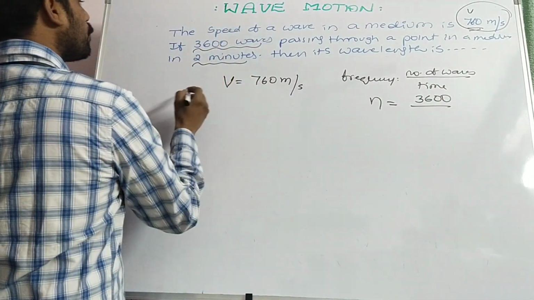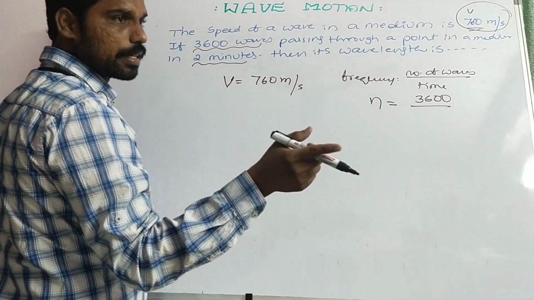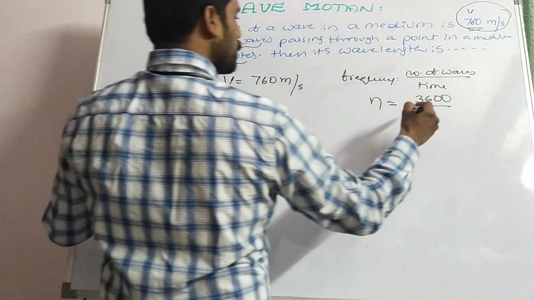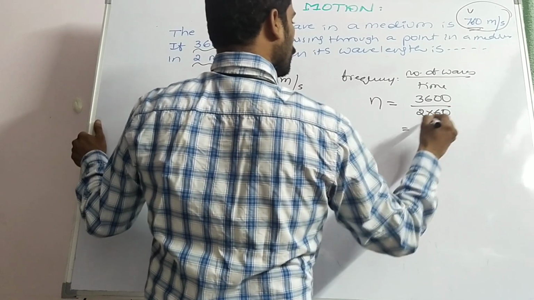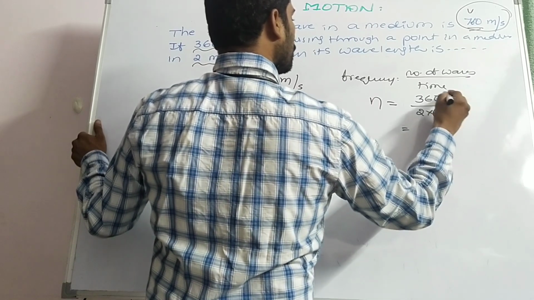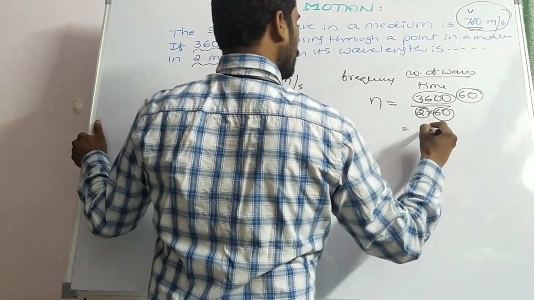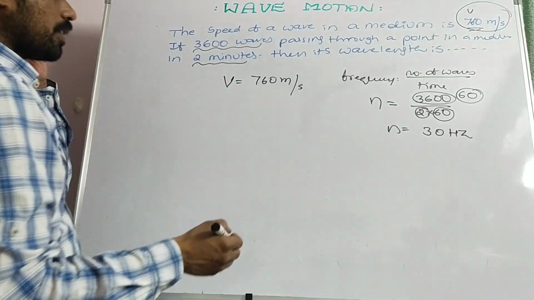But here the time is given in 2 minutes. We have to write it in seconds, so 2 into 60 seconds. 2 into 60 is 120, and 3600 by 120 is 30 Hz. Frequency n is equal to 30 Hz.